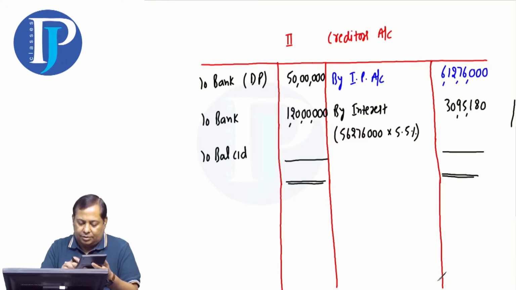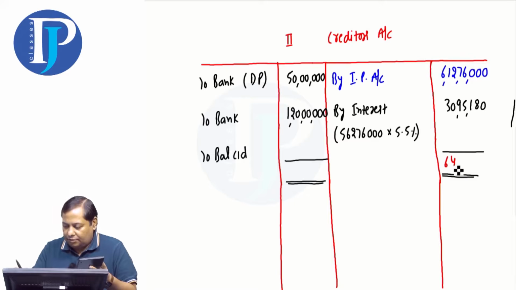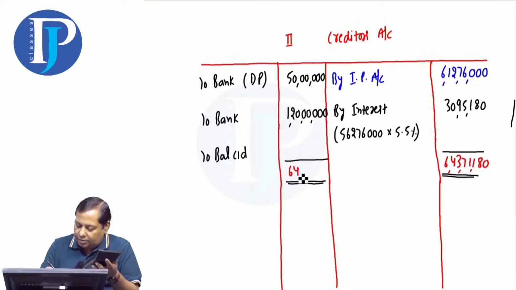5 crore 62 lakh 76,000 plus 3095180, total 64371180. In total, we have 4 crore 73 lakh 71,180 as the balancing figure.